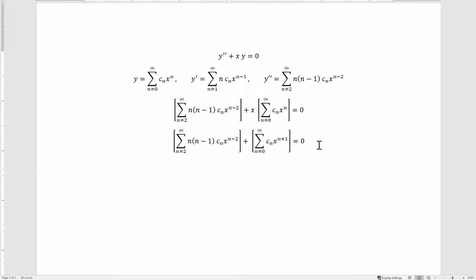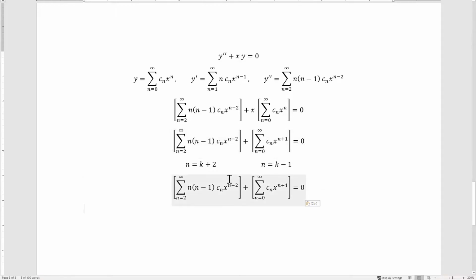In the first series, we're going to replace n with k plus 2. For the second series, we're going to replace our n with k minus 1. So we're going to subtract 1 from all the n's in here, and then add 1 to the starting point.